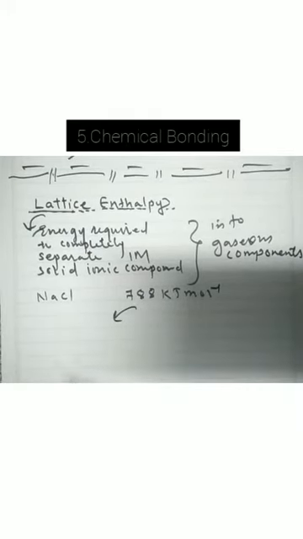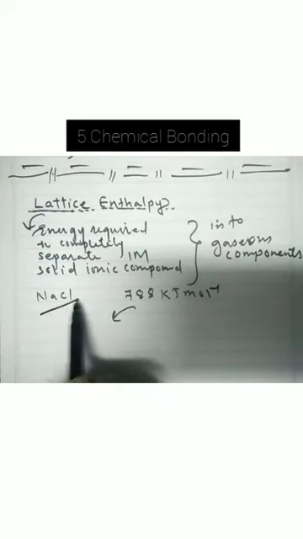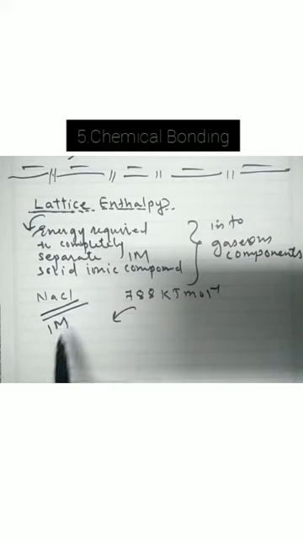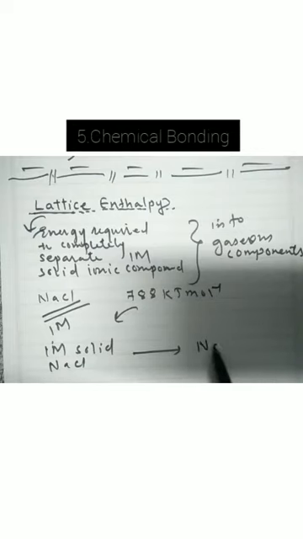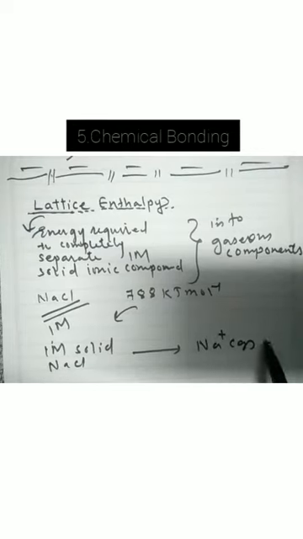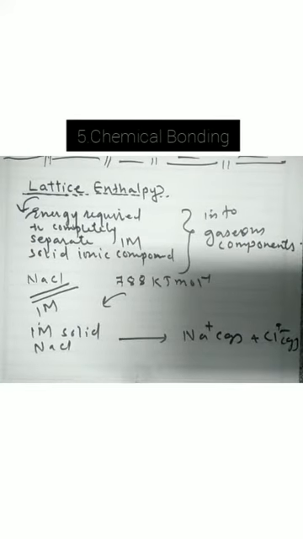It means this 788 kilojoule of energy is required to separate 1 mole of this solid NaCl into gaseous components, Na plus gas and Cl minus gas. So in this process the amount of energy required will be 788 kilojoule per mole.